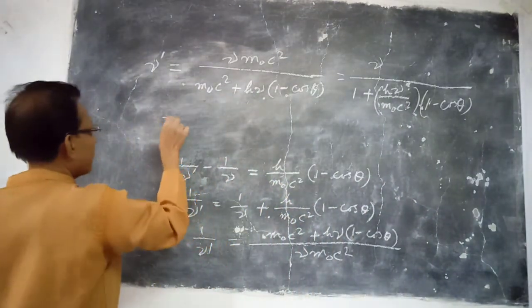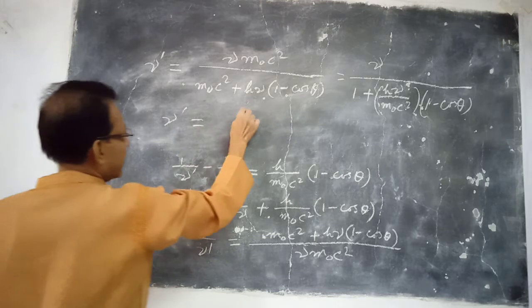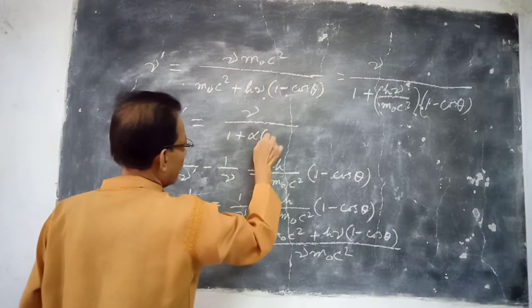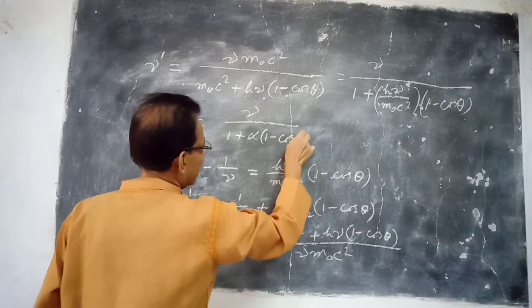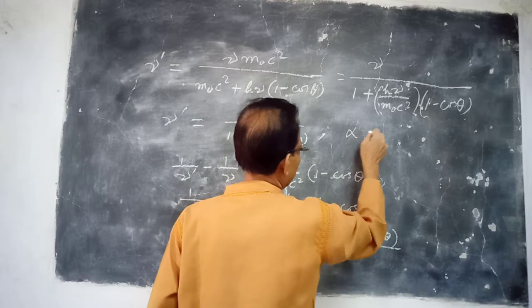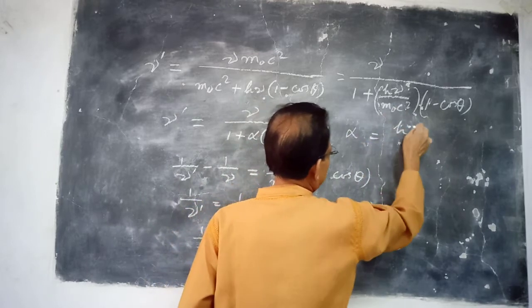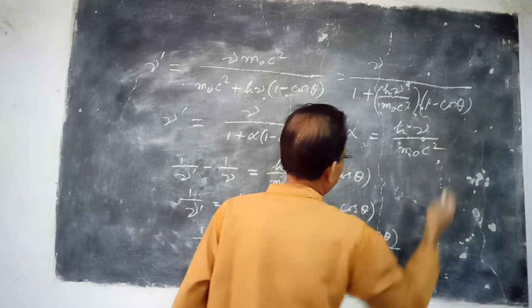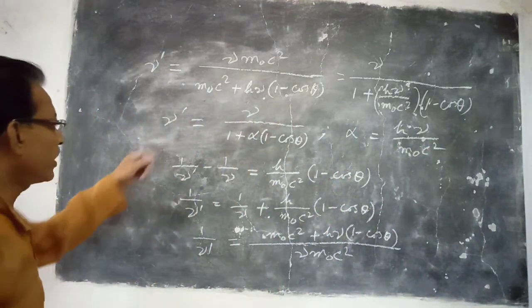Or we write nu prime equals nu divided by 1 plus alpha into 1 minus cos theta, where alpha is equal to h nu by m0 c square. So this is the expression for nu prime.